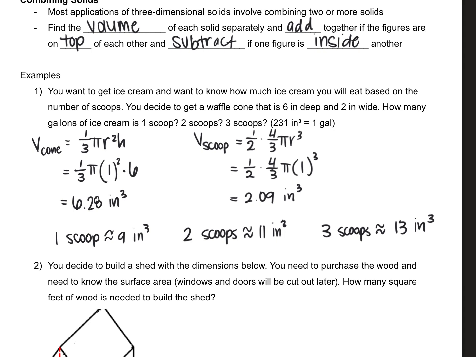I do have the conversion for gallons, but considering we have such a small amount of ice cream, there's really no point in converting it to gallons. But if I wanted to, I would just divide each of those by 239, and I could get the number of gallons of ice cream.